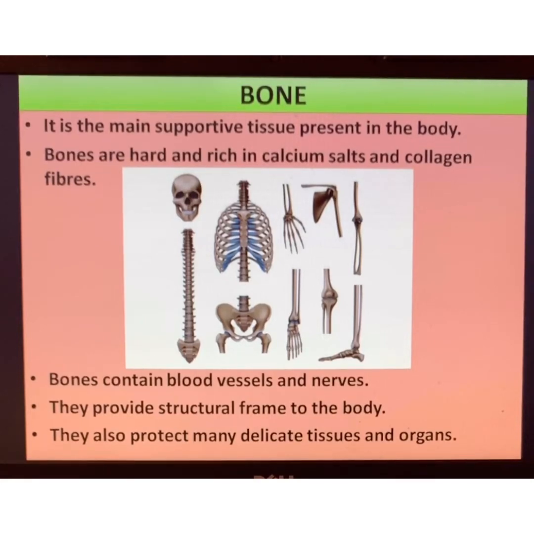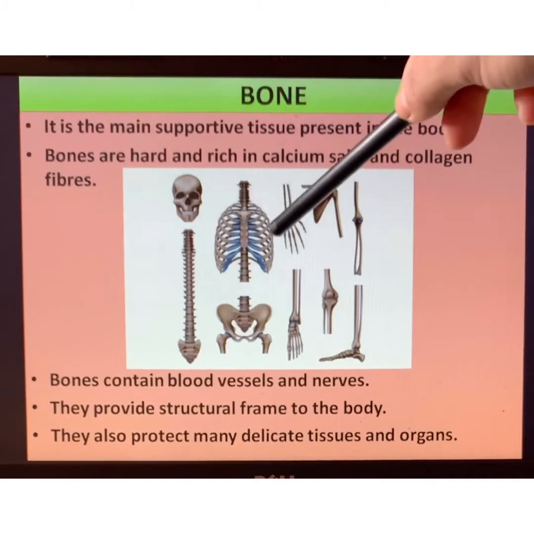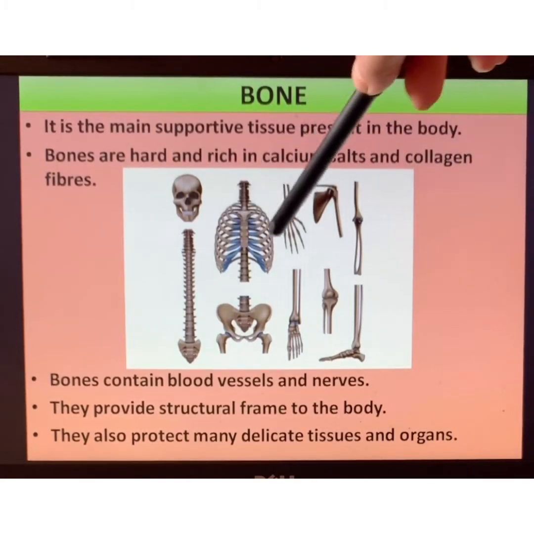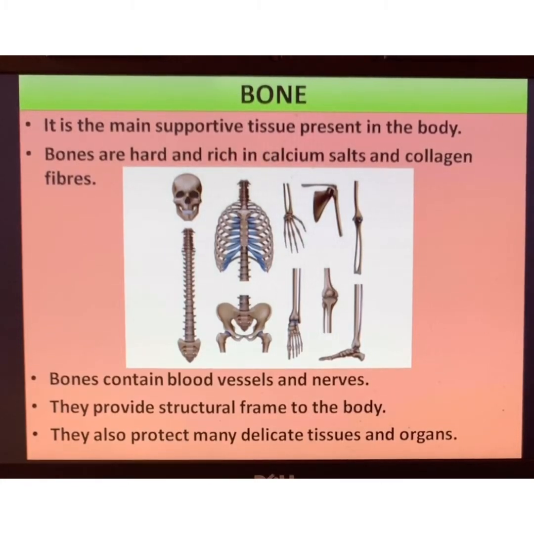Bones provide the structural framework to the body and are responsible for protecting many delicate tissues and organs. Can you guess which organ this particular structure protects? First of all, tell me, what is this structure, the cage-like appearance? Right, that's the rib cage. The name itself has the word cage.